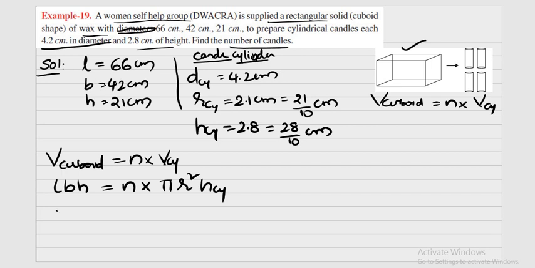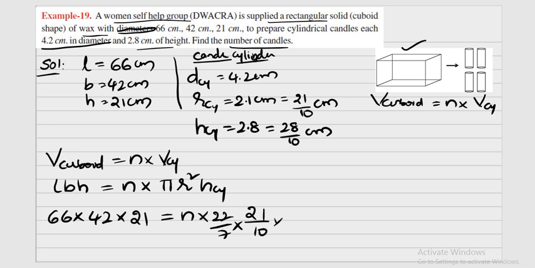So what is l b h here? 66 into 42 into, what is height here, 21, is equal to n into, pi is 22 by 7 into what is the radius of this one. The radius is 21 by 10. So 21 by 10 into 21 by 10 into height of cylinder is 28 divided by 10.